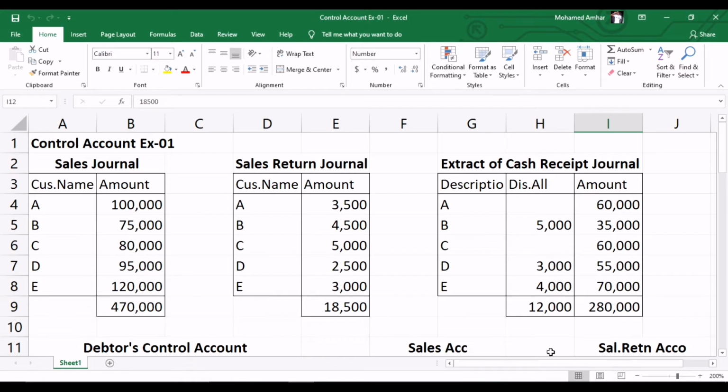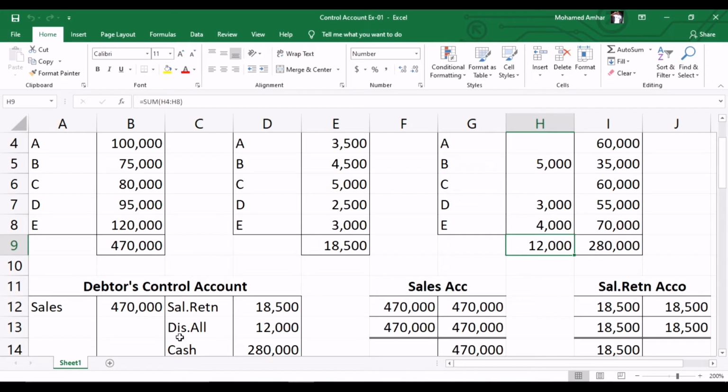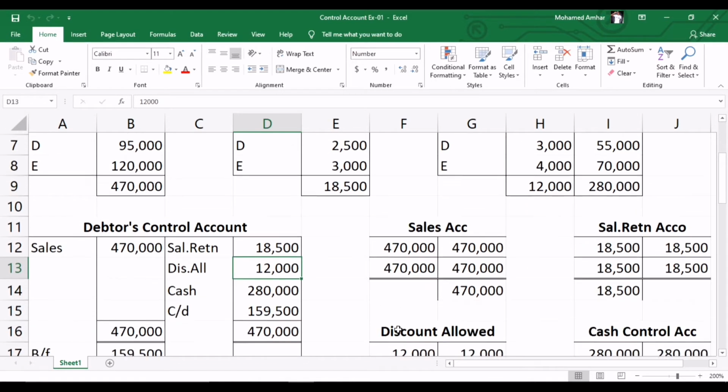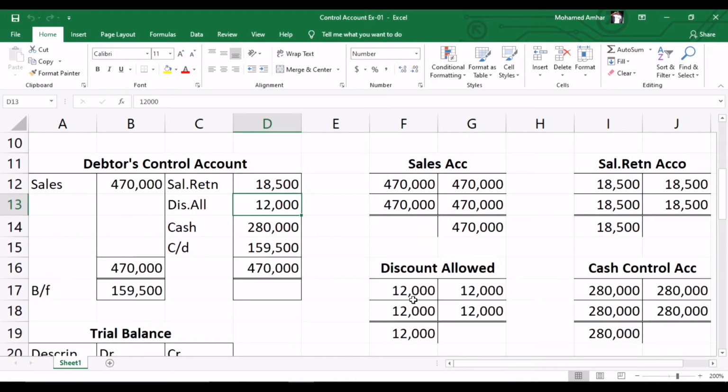And discount allowed total is 12,000. So by discount allowed, debtors are decreasing. So you have to credit the discount allowed to debtors control account and debit discount allowed account.